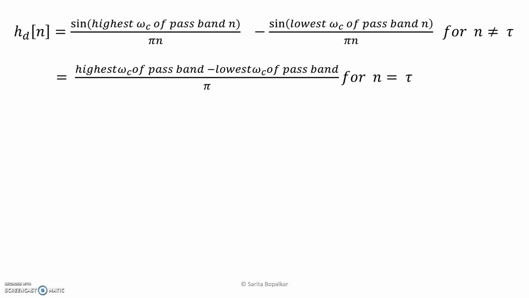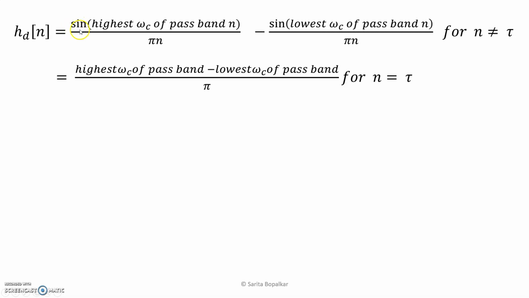The easiest way to find hd of n is to directly use the generalized formula. Instead of solving the integration of the inverse Fourier transform, you can directly use the generalized formula for representing hd of n to reduce the computational complexity, or you can say reduce the designing time.